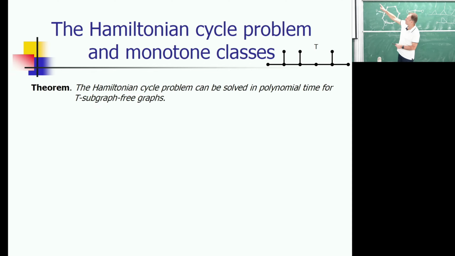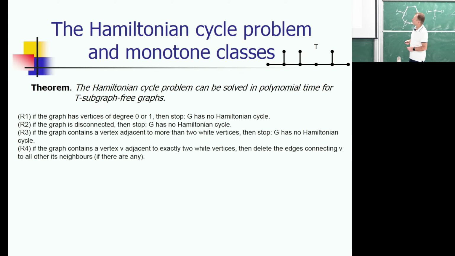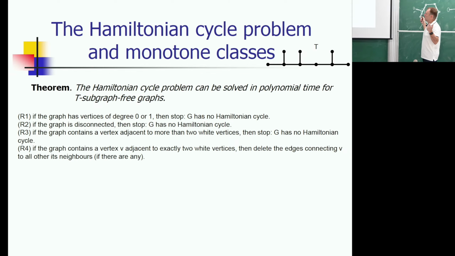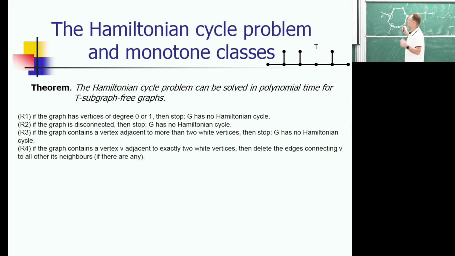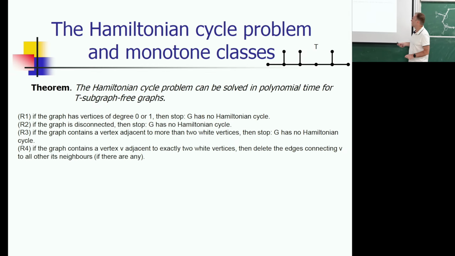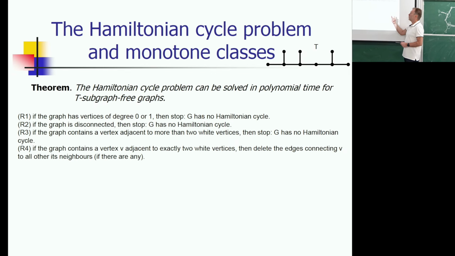Once again, T is the graph represented here. Just so you remember it, the graph. So we can start with some easy observations. If the graph has vertices of degree 0 or 1, then it has no Hamiltonian cycle. If the graph is disconnected, it has no Hamiltonian cycle. If a graph contains a vertex adjacent to more than 2 white vertices, it has no Hamiltonian cycle.